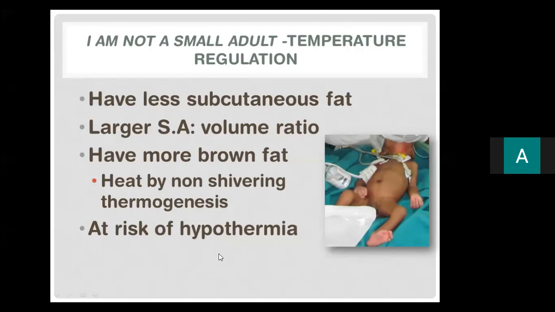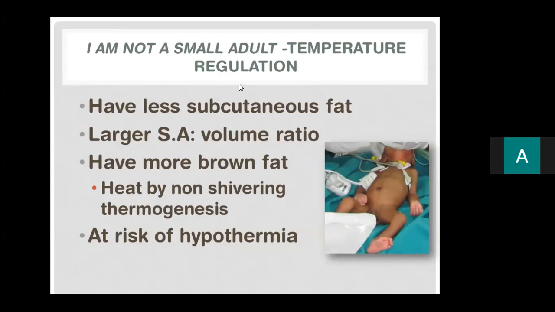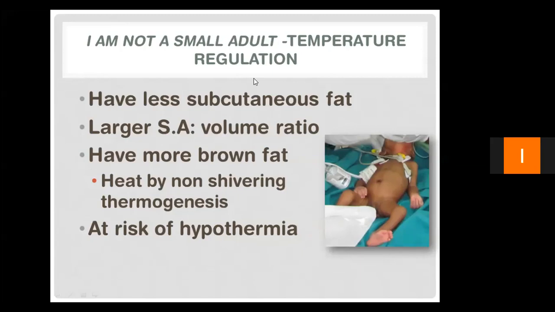Isabelle, kindly unmute and tell us what you would do to try and prevent this from happening in the event that you have a child that you're working on. Hello. Yes, Alex has already mentioned a warming mattress and a warm OR.